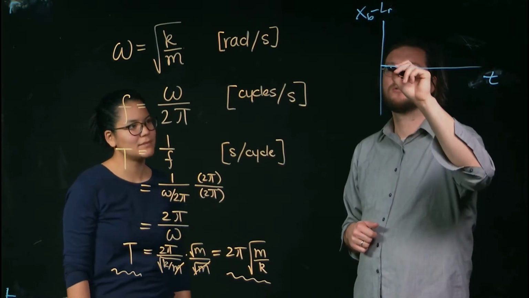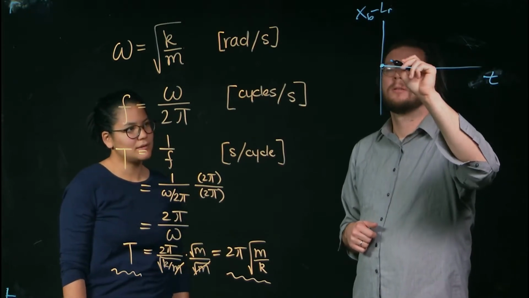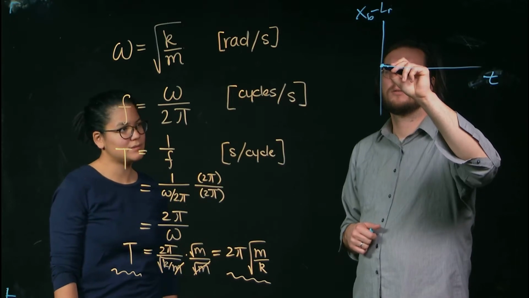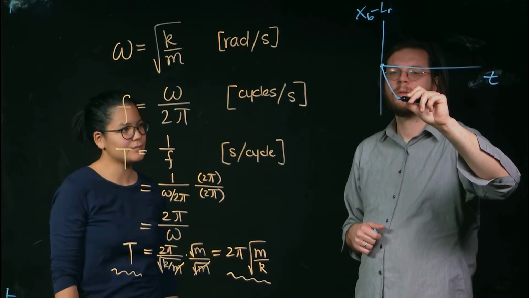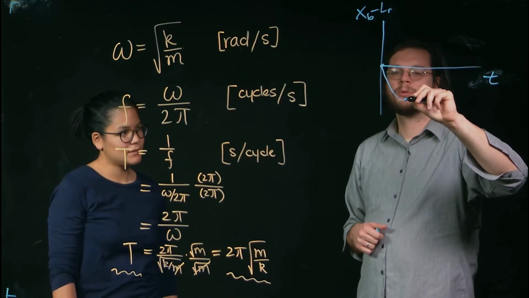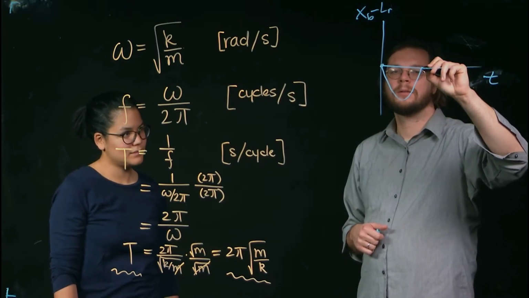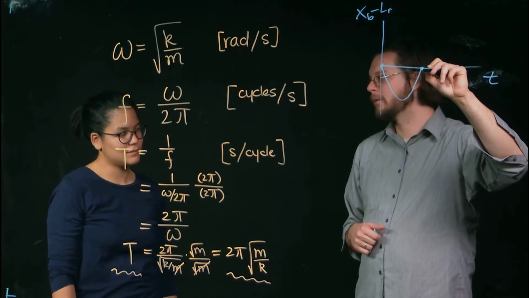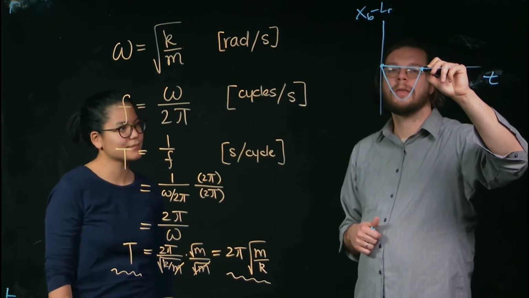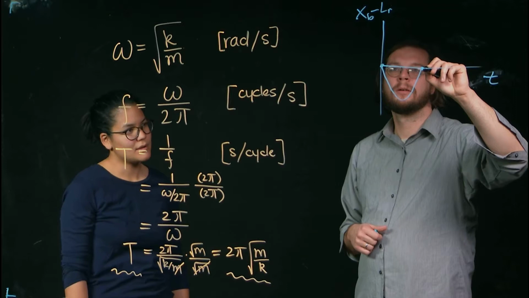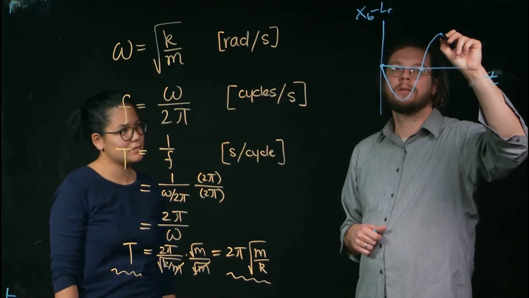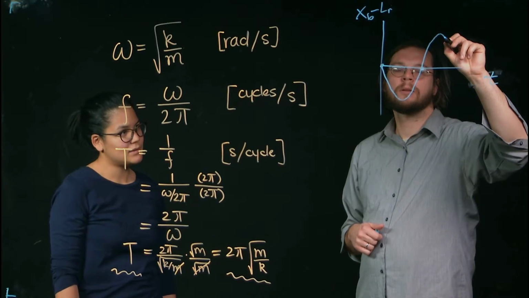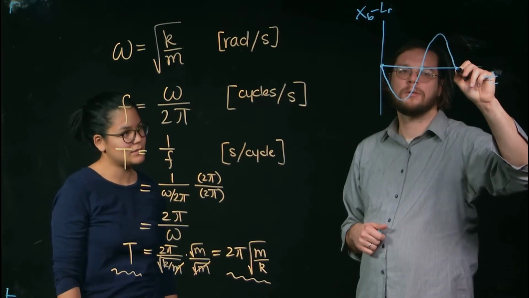And so we're going to crash into it, and it's going to compress the spring, and then the spring's going to push back until it comes back to this equilibrium length, and then it's going to keep on going. It's going to stretch out, go the opposite way, and then the spring force is going to bring it back until it's here.